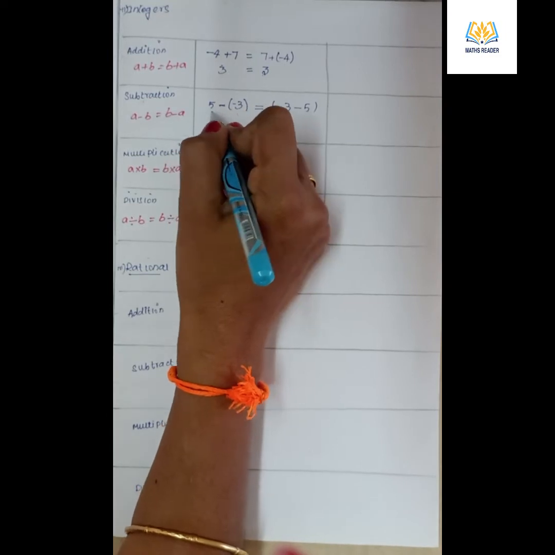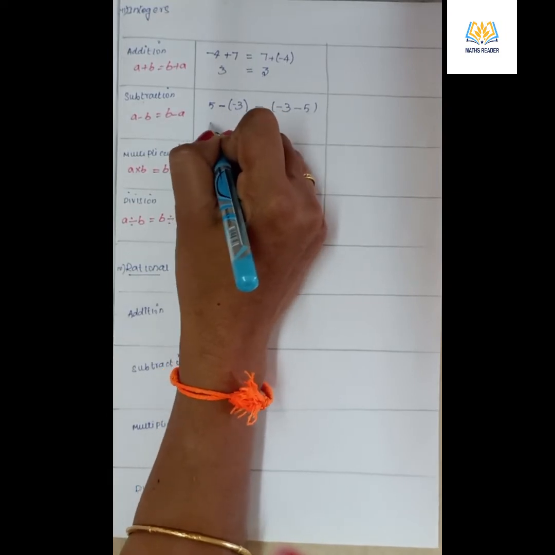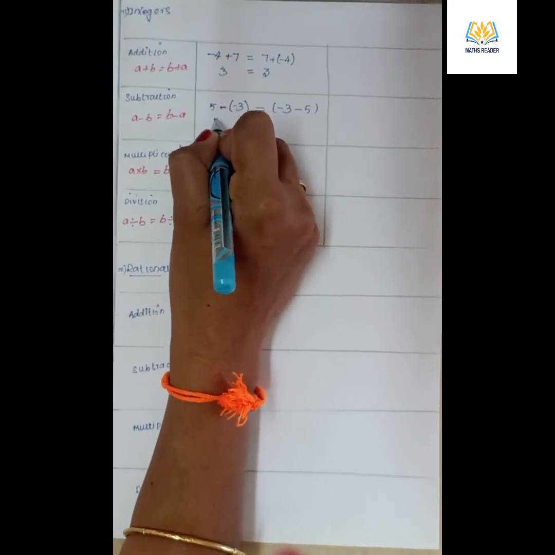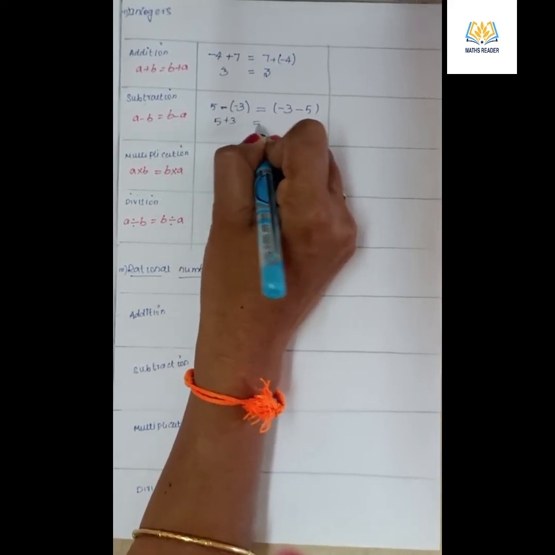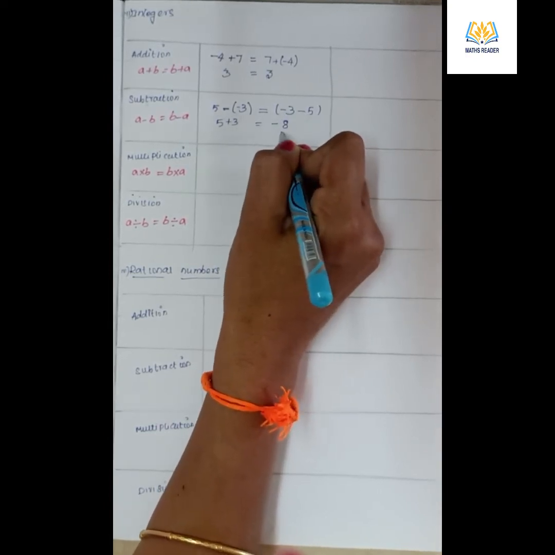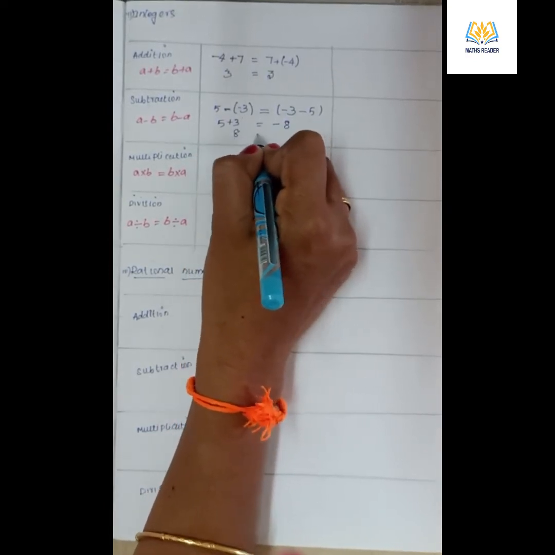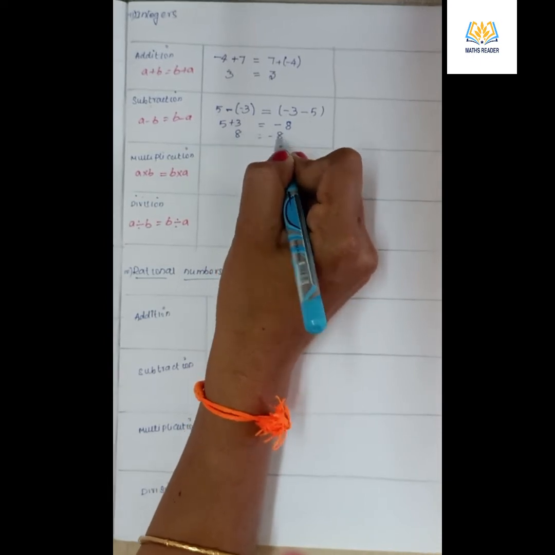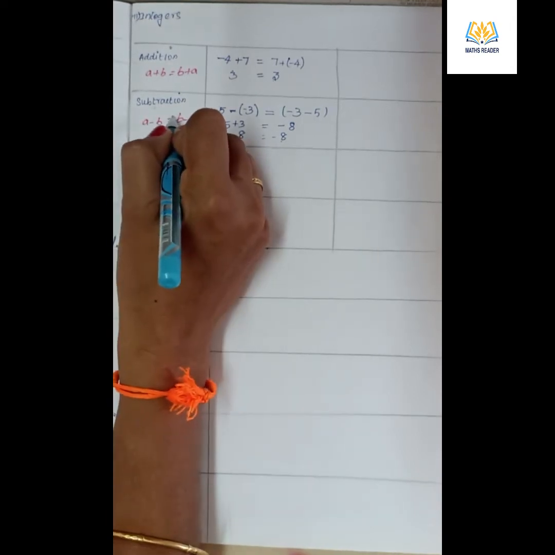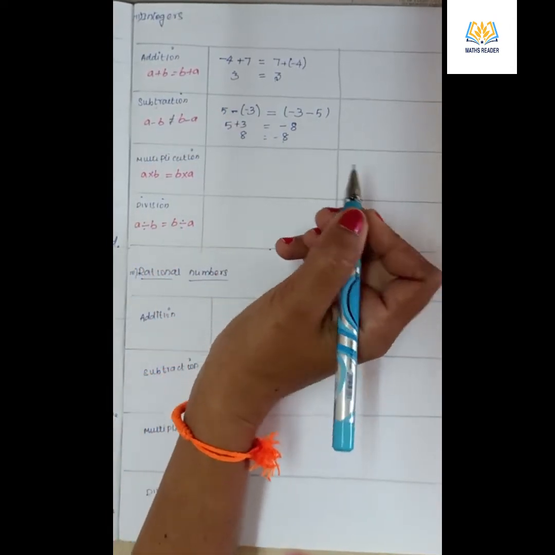So 5 minus minus 3, minus into minus plus, so 5 plus 3, here we have plus 8. Minus 3 minus 5 is minus 8. Here you have plus 8, this is minus 8. So these two are not equal. So subtraction is not commutative.